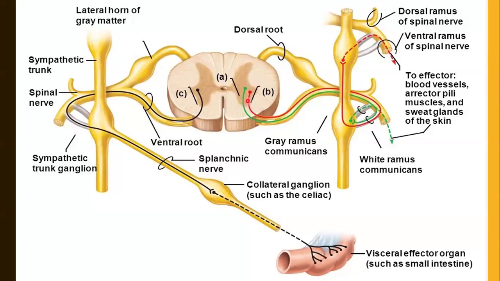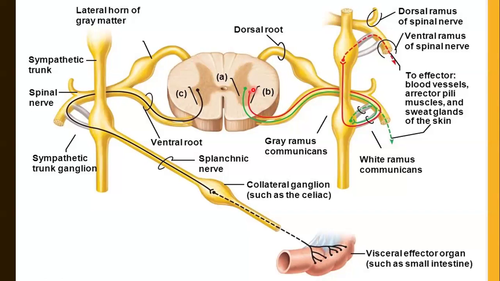But they also arise from the lateral horn of the spinal cord. The lateral horn of the spinal cord is for visceral motor function, for innervation of smooth muscle, cardiac muscle, and perhaps glands.